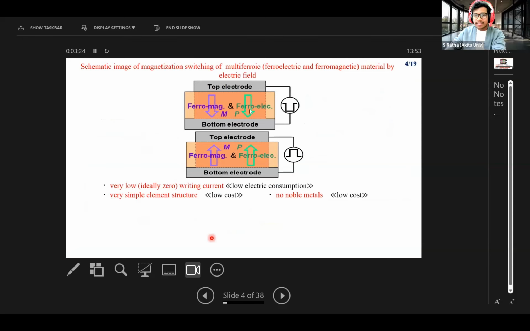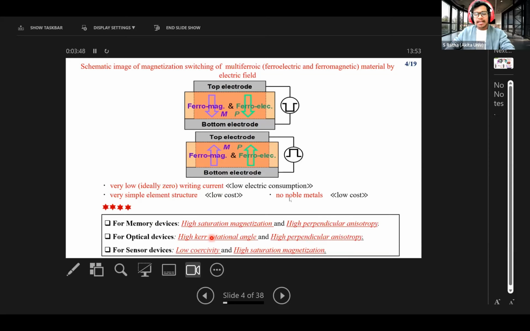So if I can switch the ferroelectric vector, then the magnetic vector will be changed immediately, which I can achieve by voltage change. As a result, I can achieve very low writing current, that is, electric consumption is very low, and it allows a very simple element structure that also means low cost, and there is no use of any noble material, that is also very low cost.